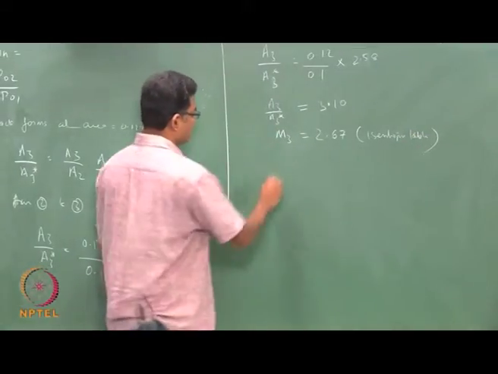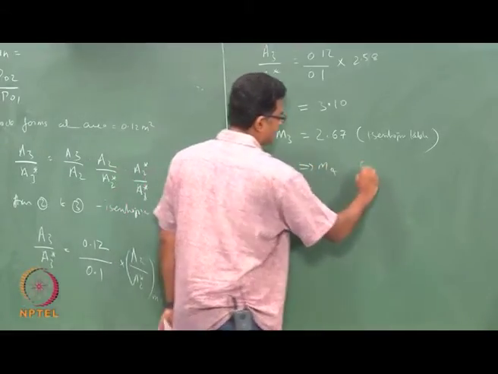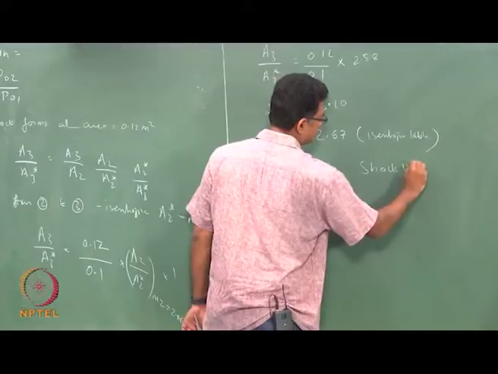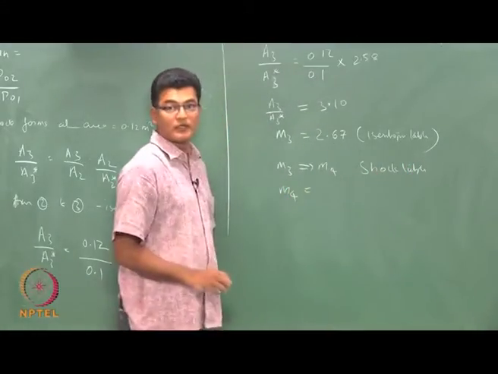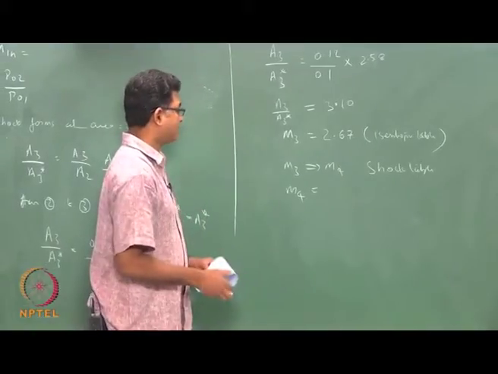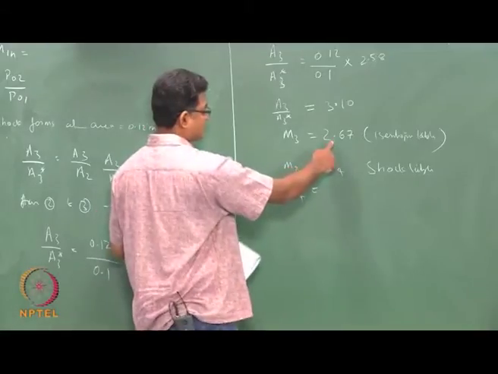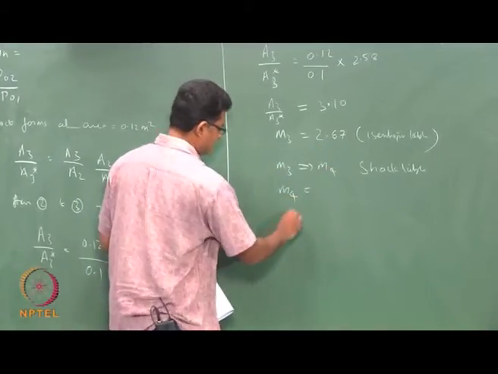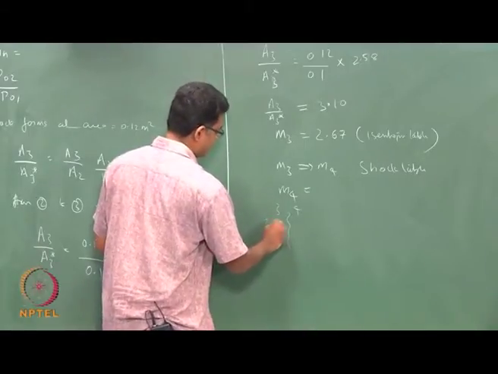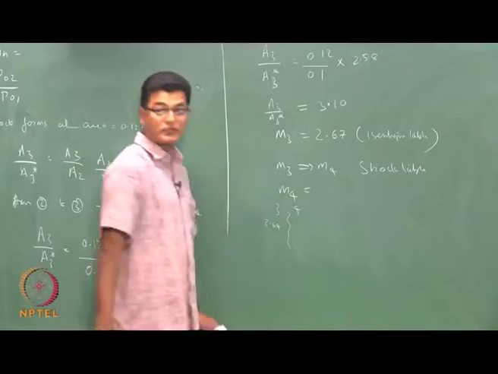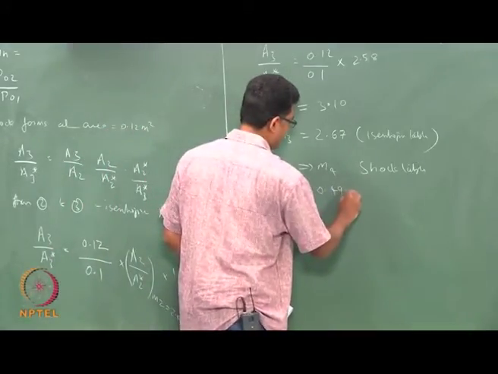Okay. If you know M3, I can find M2 from shock tables. For this Mach number, there is a shock at 3 and 4, M3 is 2.64 and the normal shock gives 0.498.